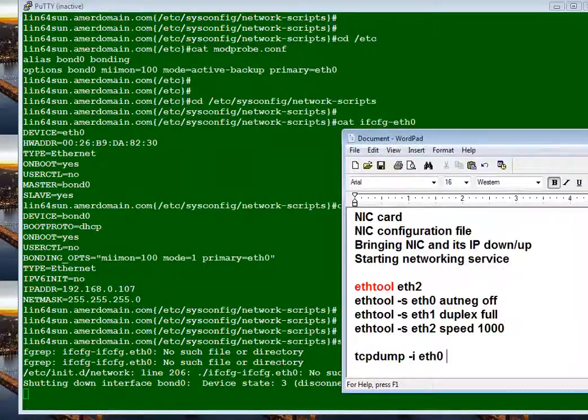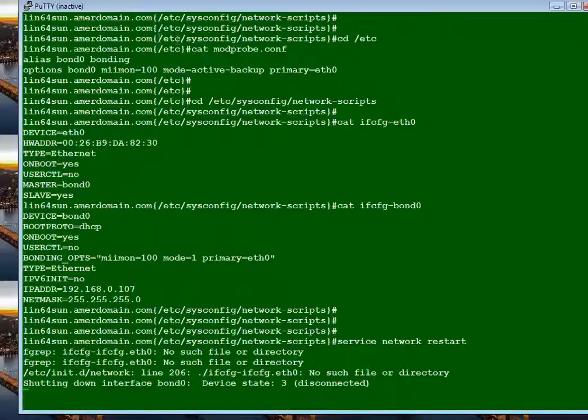So in short, you know where our network related scripts or configuration files are. In sysconfig, it contains the system related configuration files, and network-scripts contains the network related ones especially.